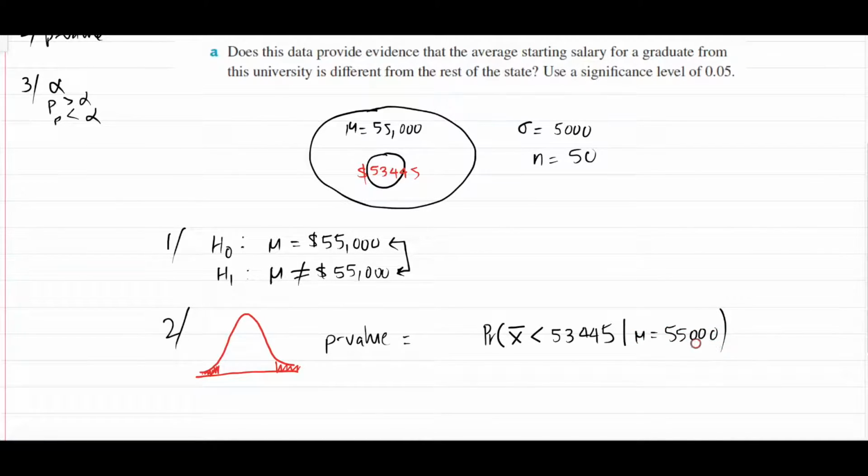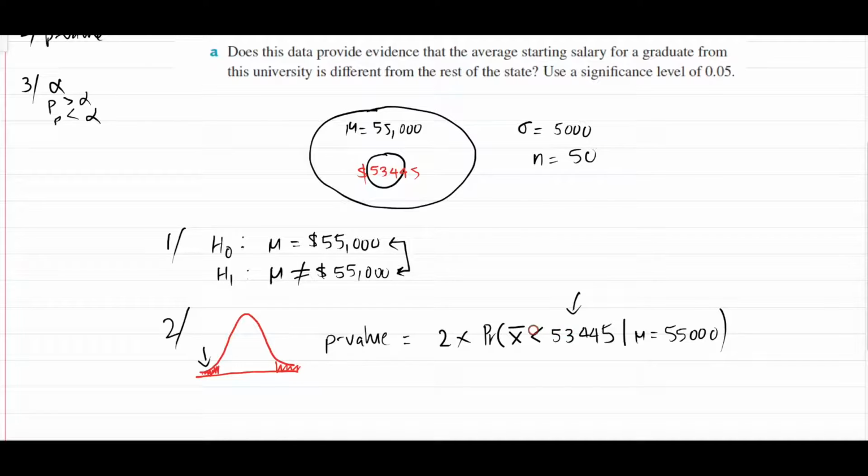So what was the probability of your sample having an average of 53,445 when the entire population average was 55,000? You want to find, was that a small chance or was that a high enough chance to actually get it? So in that case, you do this, and you also have to multiply by 2. Now the reason why we multiply by 2, this is a two-tail test, is it doesn't necessarily have to be smaller than 53,445. So it doesn't have to be on the left tail.